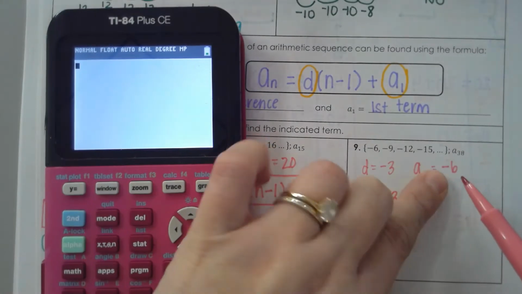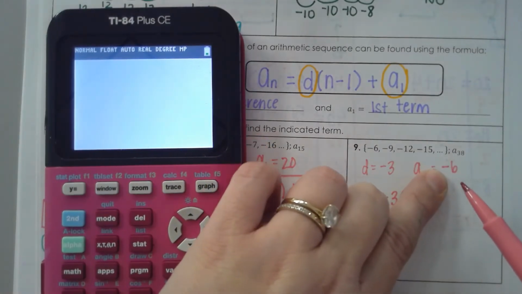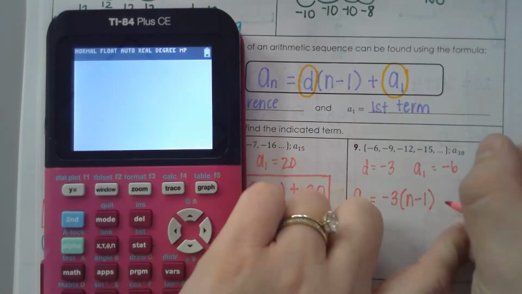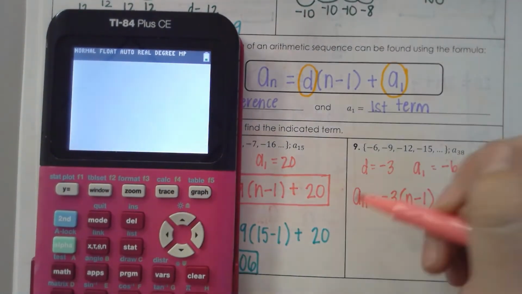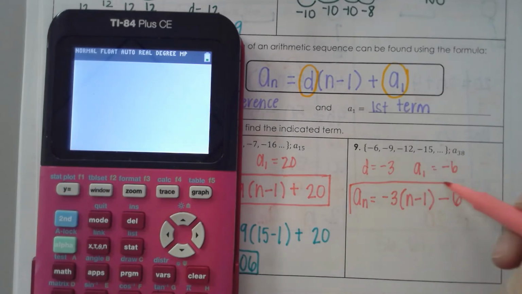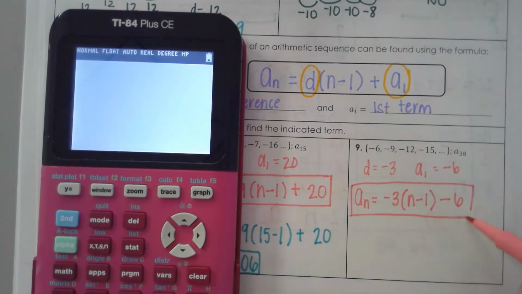And then it's plus negative 6, which is really minus 6. If you put plus negative, that's okay, but just putting a minus is better.